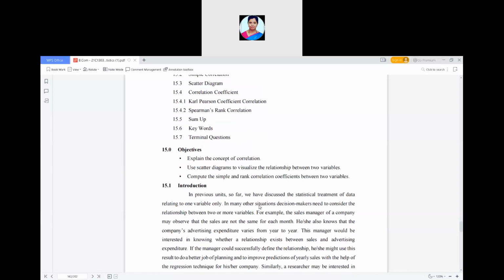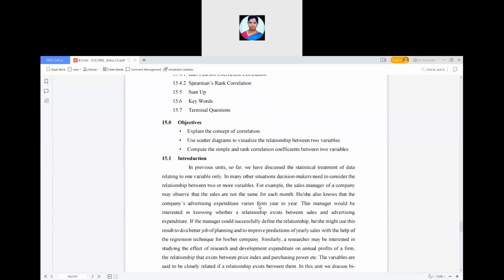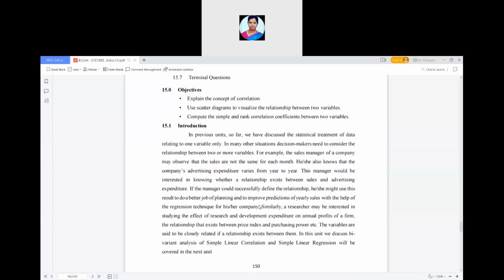Let us see the introduction. Already we know that statistics is a collection of numerical data relating to one variable only. In many other situations, decision makers need to consider the relationship between two or more variables. For example, the sales manager of a company may observe that the sales are not the same for each month, but they know that the company's advertisement expenditure varies from year to year.